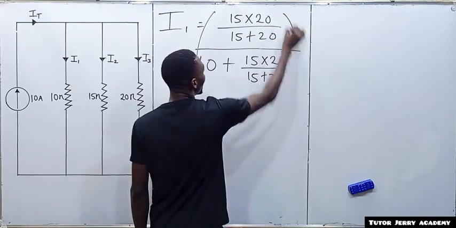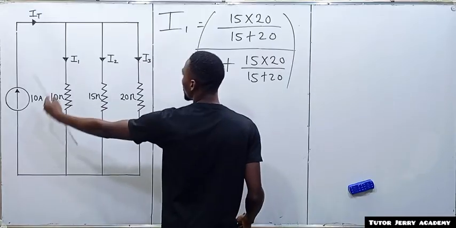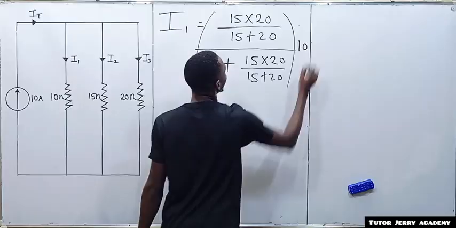We multiply this by the total current coming in, which is 10 ampere.